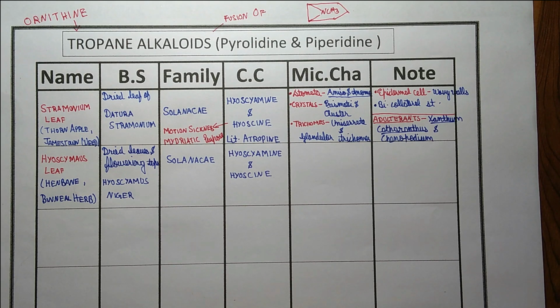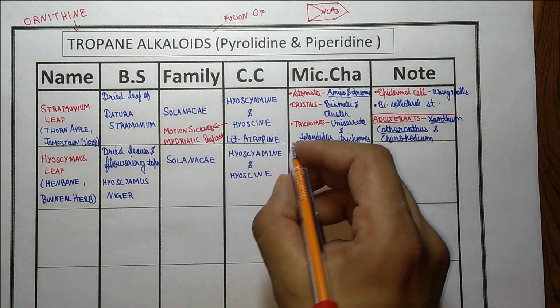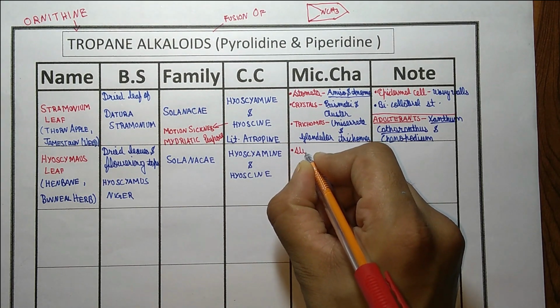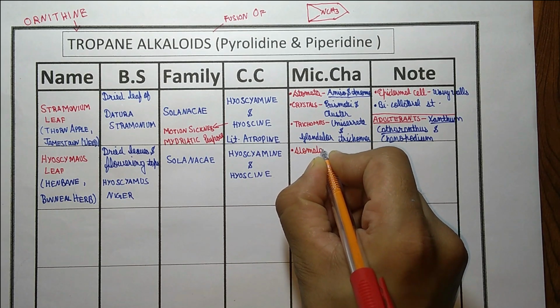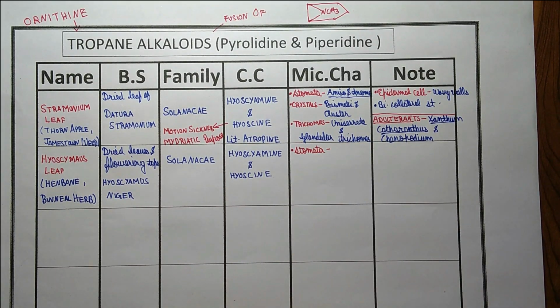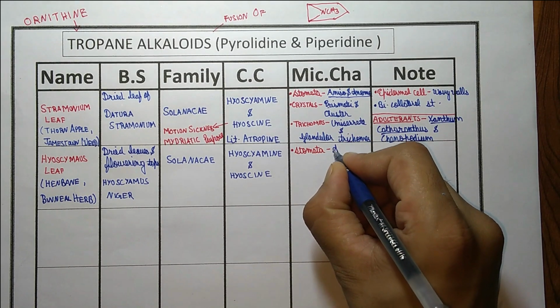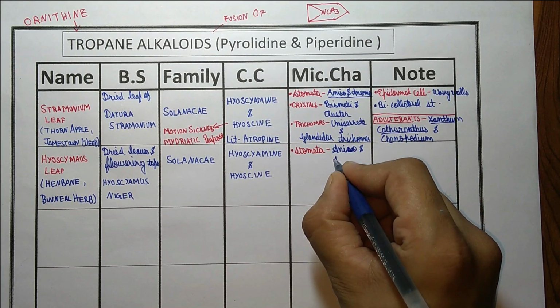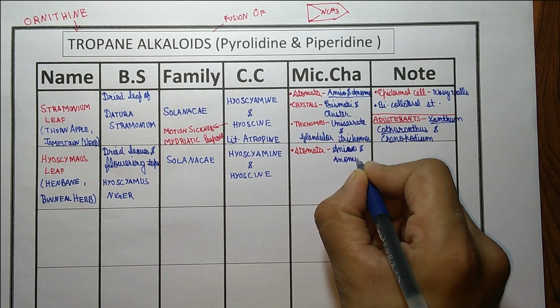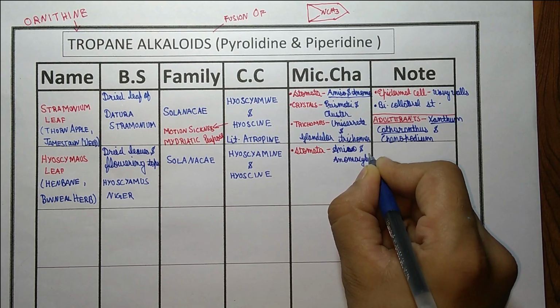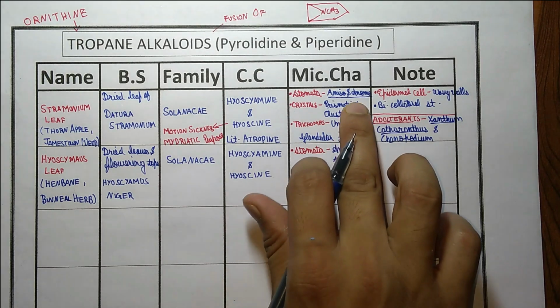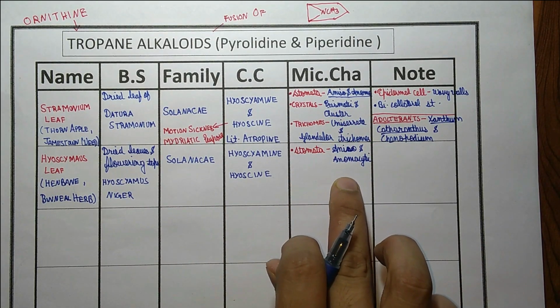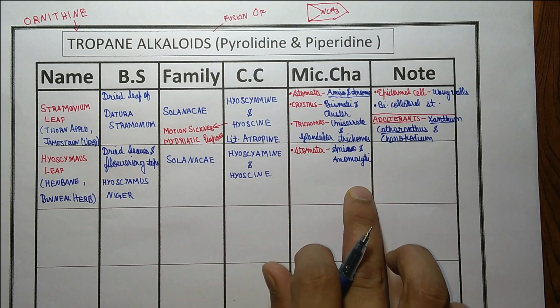Now coming to its microscopical characters: the stomata are also the same, anisocytic and anomocytic. Students, we just write a short form, so please try to note down the full name in your notebook because of less space.